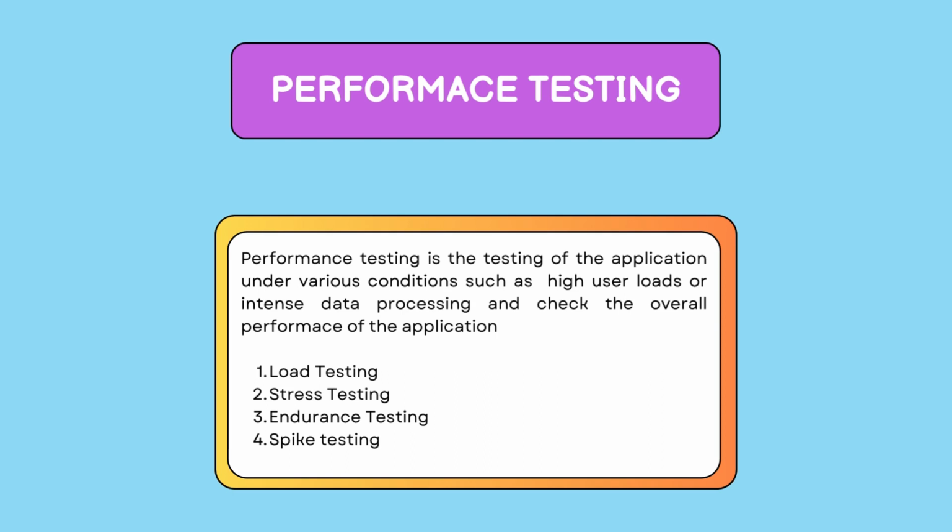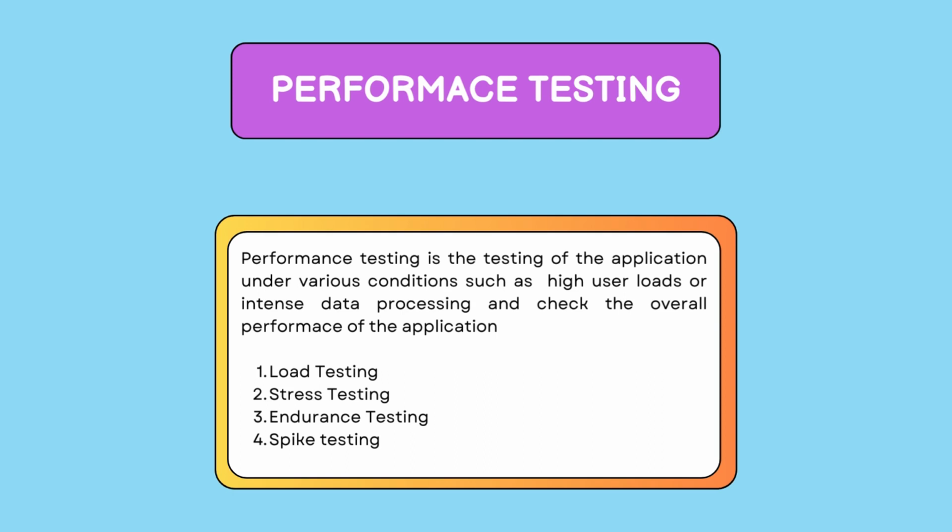The second is stress testing. Here also we apply load, but it would be beyond its limit or more than the expected capacity of that software. Then we check whether it is capable of handling the stress. That's stress testing.